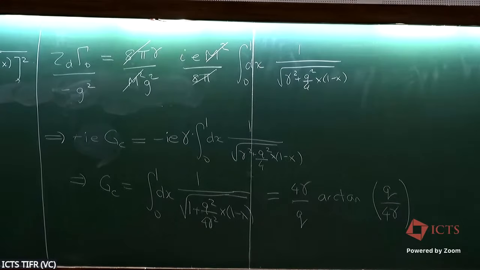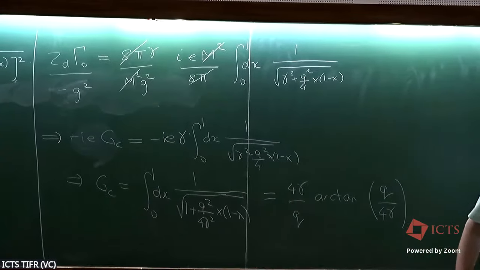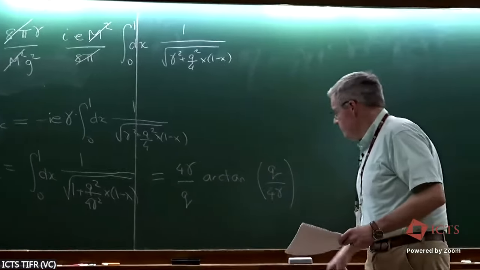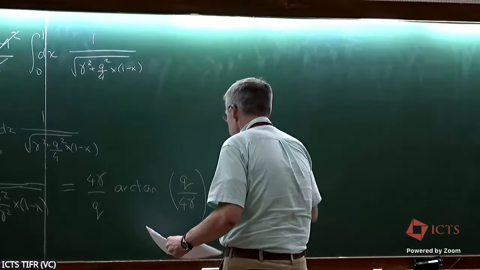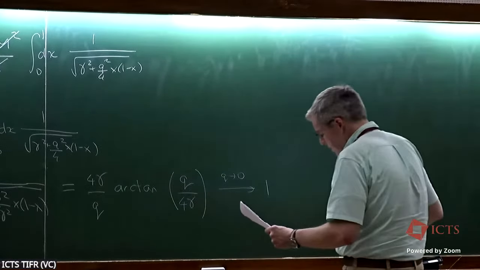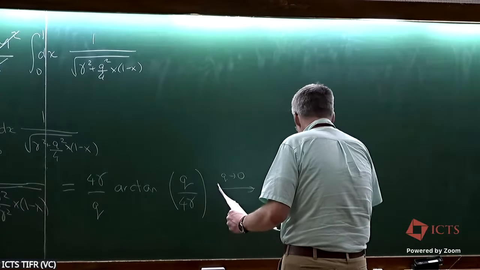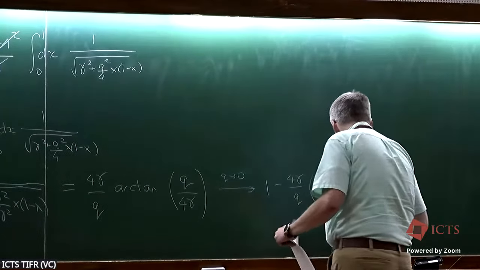So this looks like it could have problems as q goes to 0, but in fact it doesn't, because the arctan goes to 0 as q goes to 0. So if we expand around q equals 0, we get 1, and then we get minus 4 gamma over q times q over 4 gamma squared times 1 over 3.